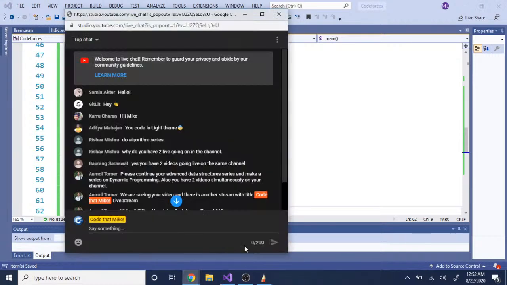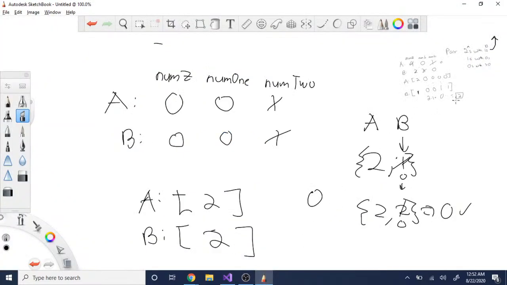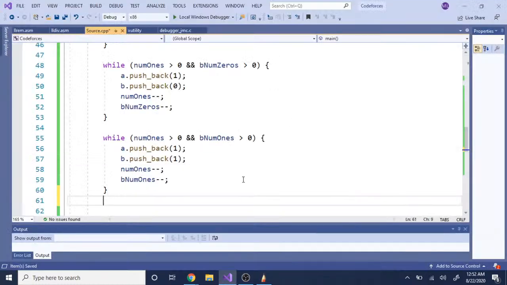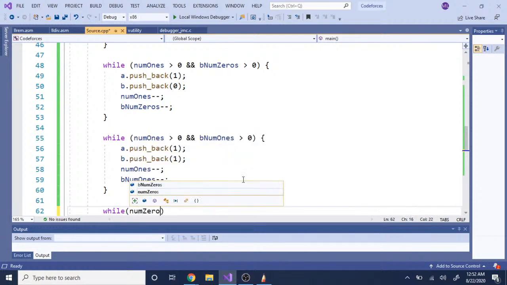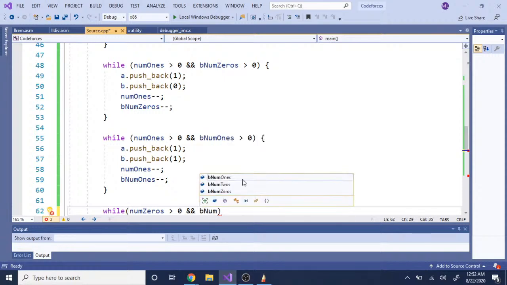Okay, let's look at another one. So currently we paired every 1 with a 0 or a 1 with a 1, right? So let's say our number of 1s are done. Then after that we just pair with 0 or anything greater than 0. So while number of zeros is greater than 0 and number of 1s be num1s.